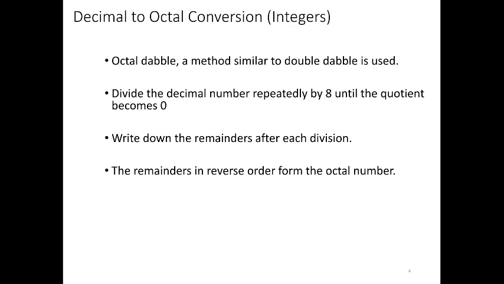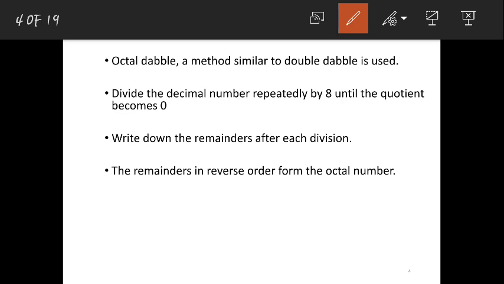Now we are converting it into octal, so instead of dividing by 2, we will divide by 8. If you want to convert to octal, you should divide by 8. Whatever the decimal number is, just divide that by 8, and keep on doing that repeatedly.